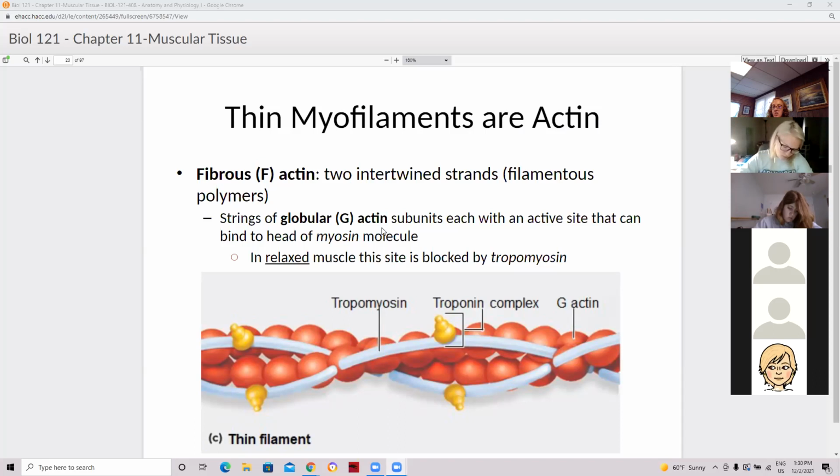In relaxed muscle, this site is blocked by tropomyosin. So we have these intertwined actin molecules, the red here, and wrapped around them is this troponin-tropomyosin complex.